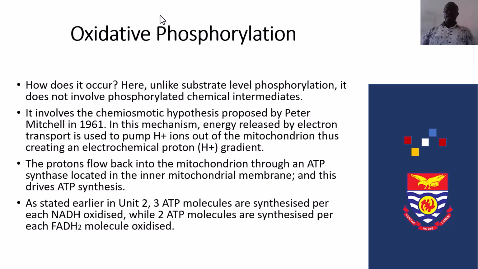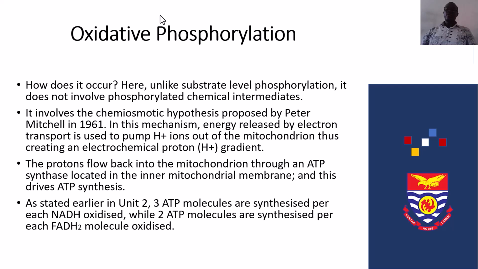How does it occur? Here, unlike substrate level phosphorylation, it does not involve phosphorylated chemical intermediates. It involves the chemiosmotic hypothesis proposed by Peter Mitchell in 1961. In this mechanism, energy released by electron transport is used to pump hydrogen ions out of the mitochondria, thus creating an electrochemical proton gradient.